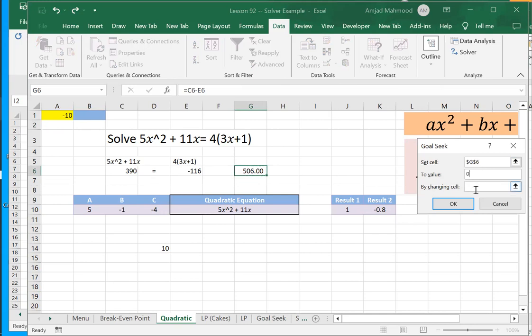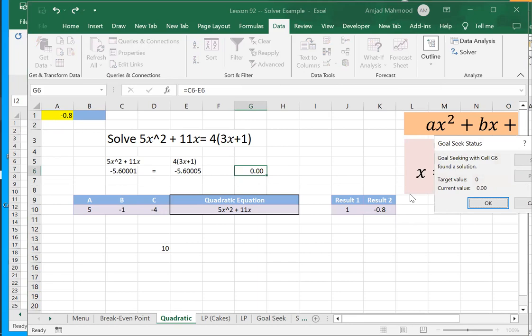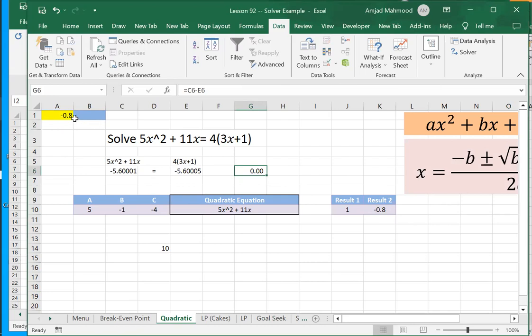Our objective is this, and by changing this, you will see that it is going to bring 0.8, right, is the value, and that's right. And this was the goal seek way of doing this.